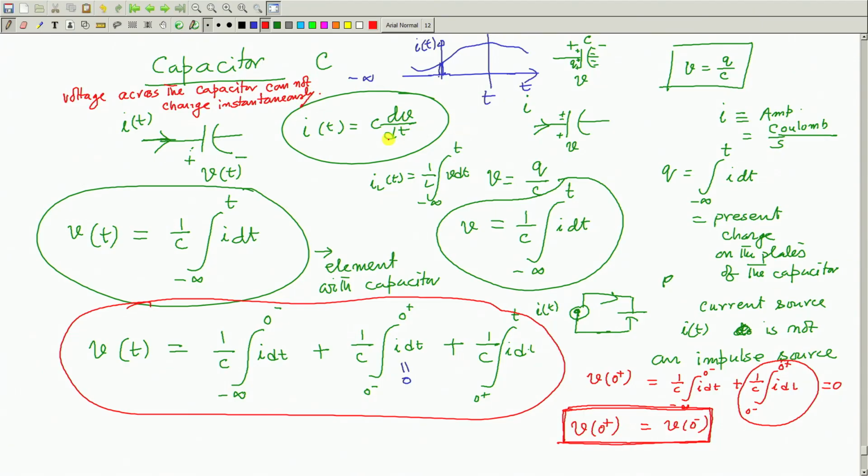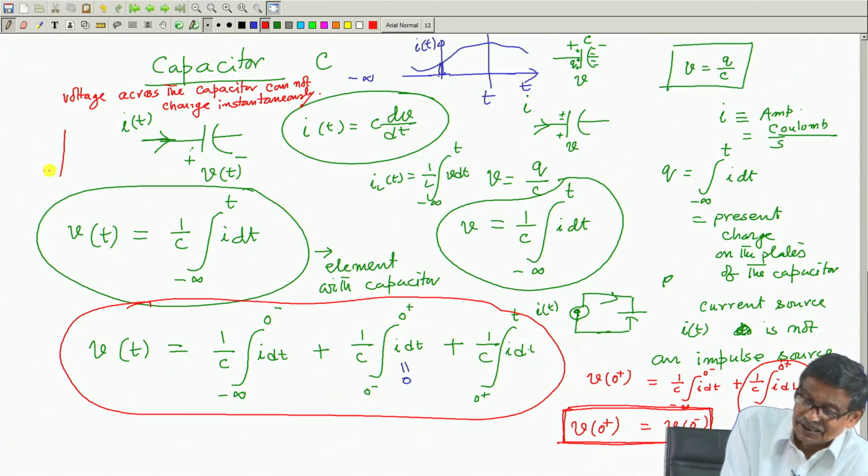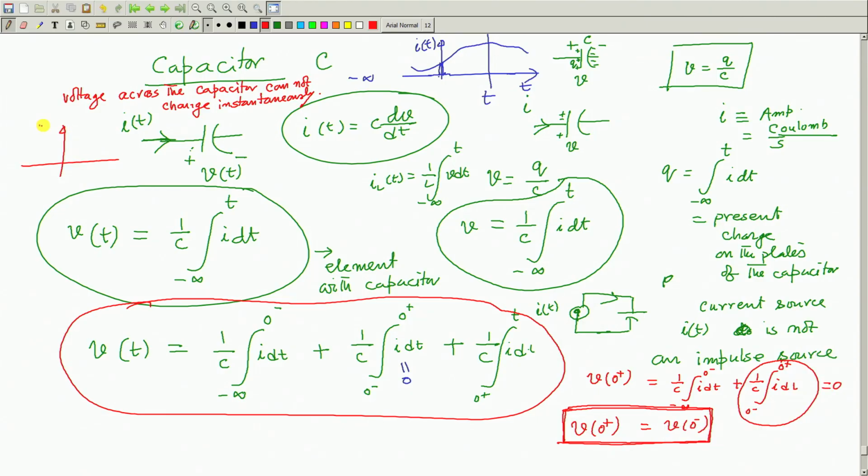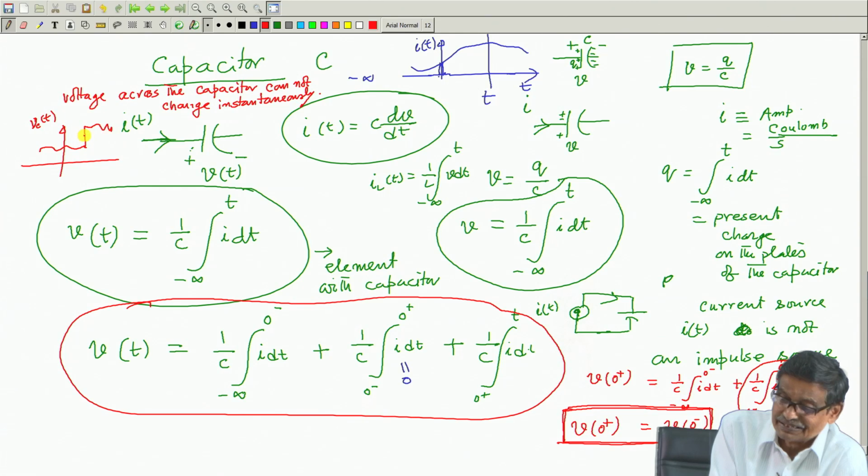It means capacitor voltage v_C(t), if I write voltage across the capacitor, this v_C(t), it will never have, it was doing like this, it cannot do like this. A sudden jump cannot happen. At t equal to 0 minus some finite minus 5 volt, at t equal to 0 plus 5 volt, I say 2 volt, then plus 5 volt.